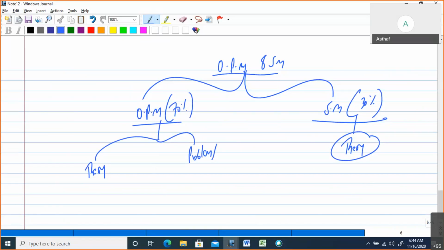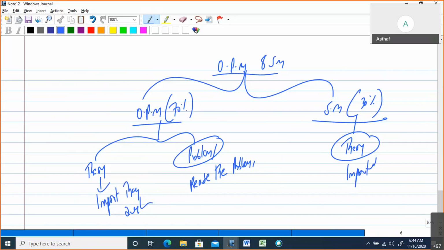So what we are going to do in this grand revision is revise all the problems, and we will give you the important theory questions, both in the OPM and SM parts, so that you can score maximum marks in your OPM paper.